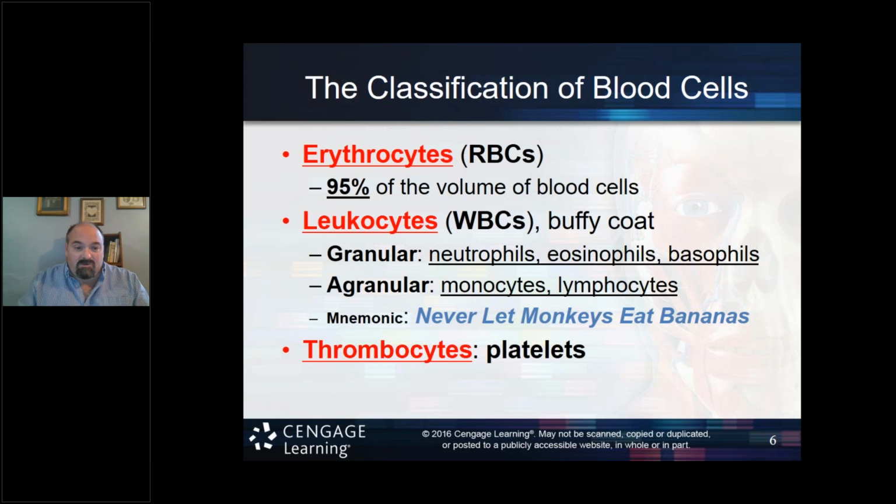When you look at them both, they both have a slight granular appearance, but the agranular leukocytes are much less granular in appearance than the granular ones, which are the neutrophils, eosinophils, basophils. The monocytes and lymphocytes are the agranular ones that are considered white blood cells. I put a mnemonic here: never let monkeys eat bananas. This is as far as the occurrence within the blood.